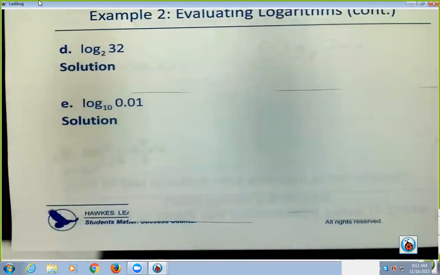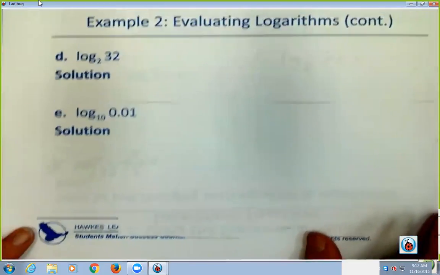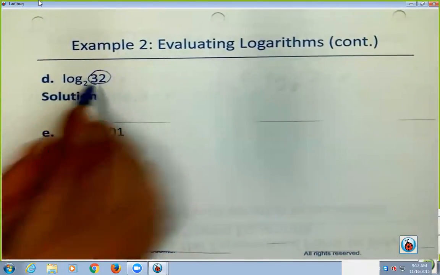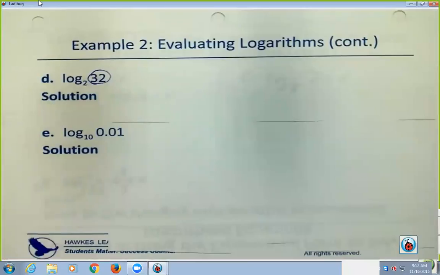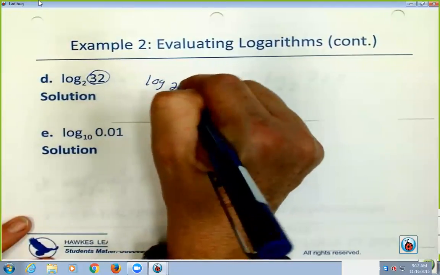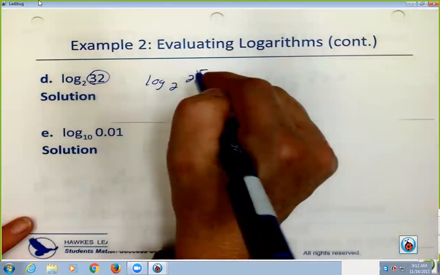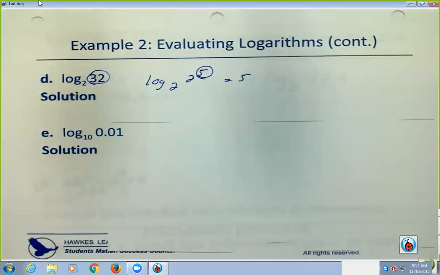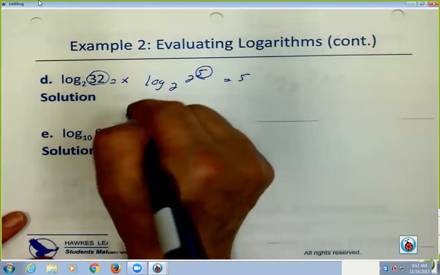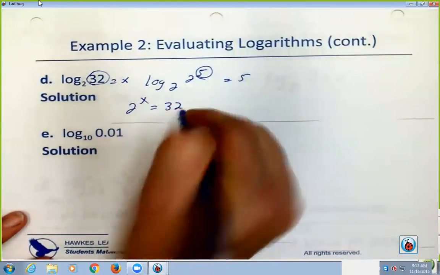And then these two, what will my answer be? Well, 32 can be broken down into 2s. It's 2 to the 5th power. So really I have log_2 of 2 to the 5th power. And so that's where they get the answer 5. If you don't know that, set it equal to x. 2 to the x power equals 32.